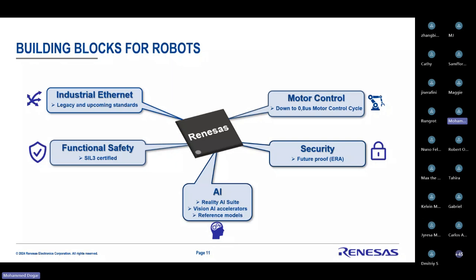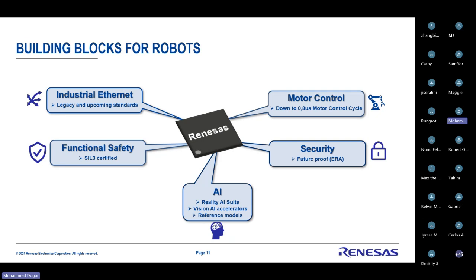But you also need to make sure, especially where some real-time sensitive applications are being deployed, that there's obviously a risk of these robots being compromised. So security is really important to future-proof that aspect.